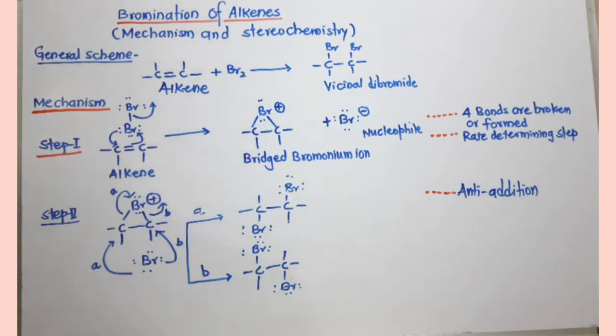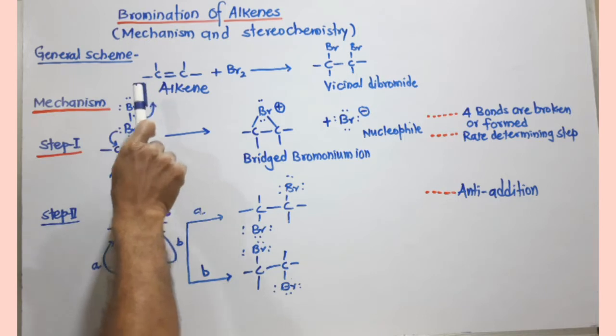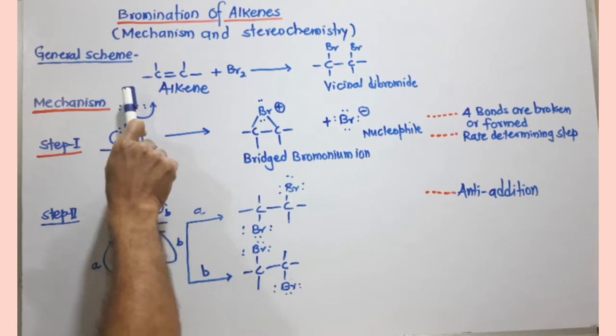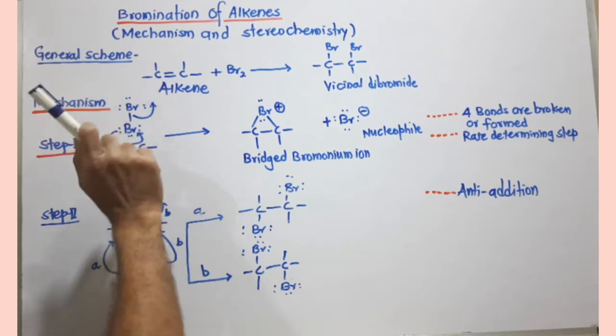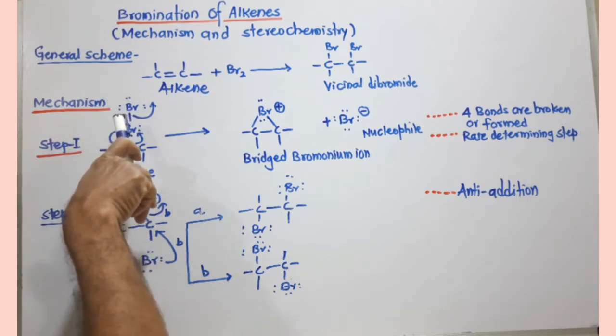And now we are going to discuss its mechanism. To understand this mechanism, we should know formal charges, how that charge is developed. Now when we write all lone pairs on Br, we have to represent 3 lone pairs; each Br has 3 lone pairs of electrons.